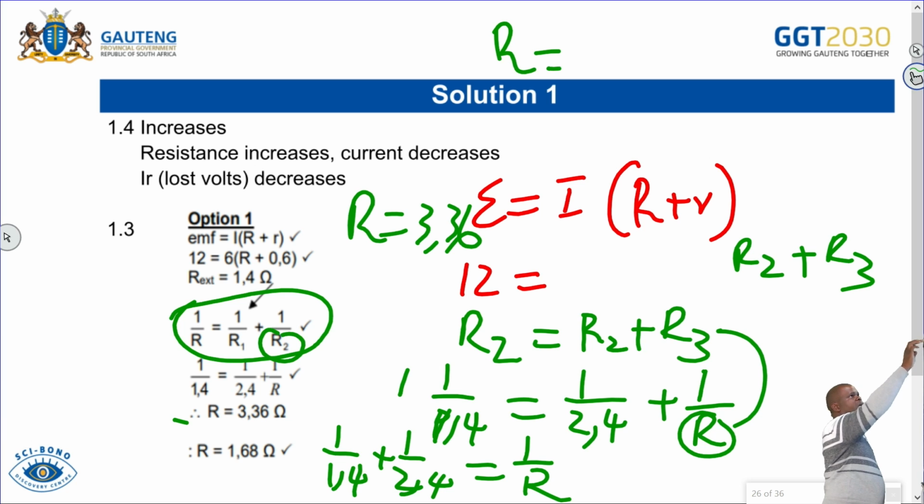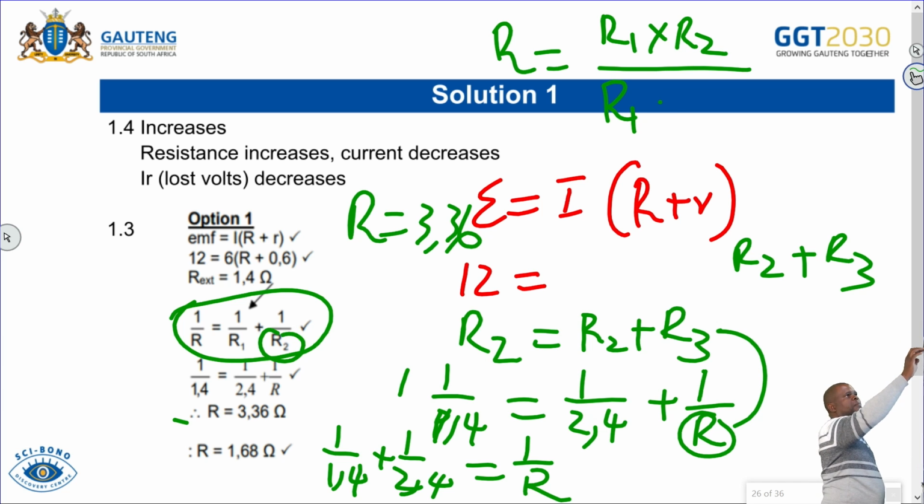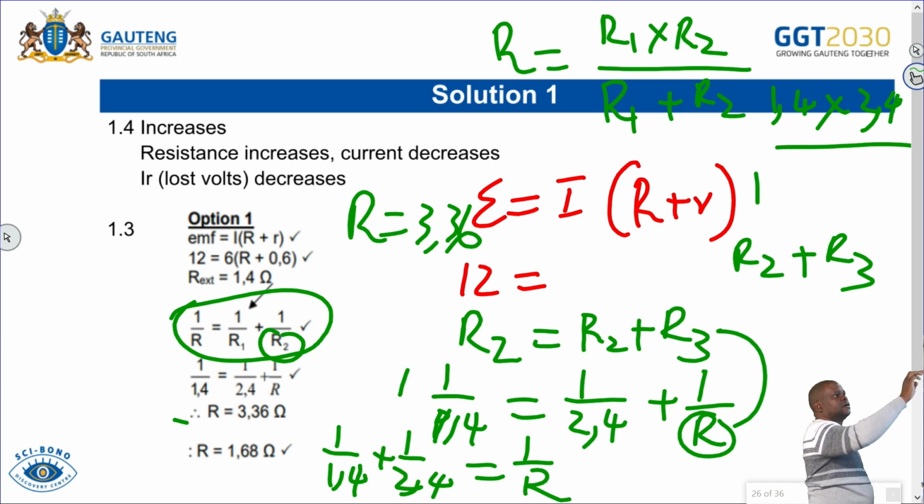Let's use this formula. R is equals to R1 multiplied by R2 over R1 plus R2. Can you see? Then you say what? 1,4 multiplied by 2,4 divided by 1,4 plus 2,4.